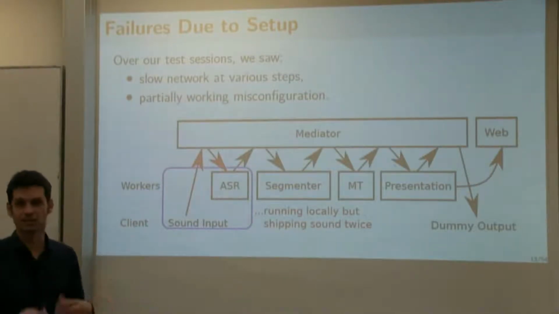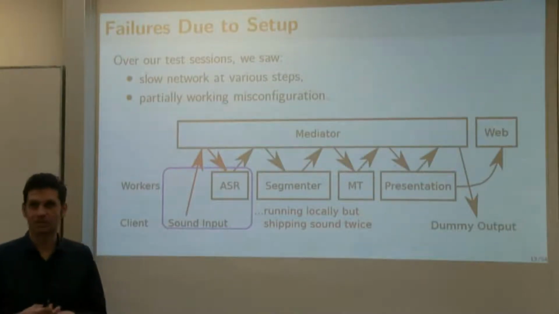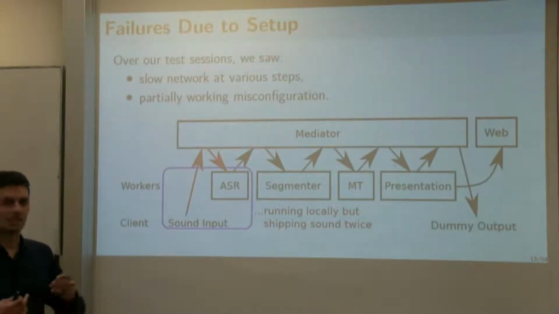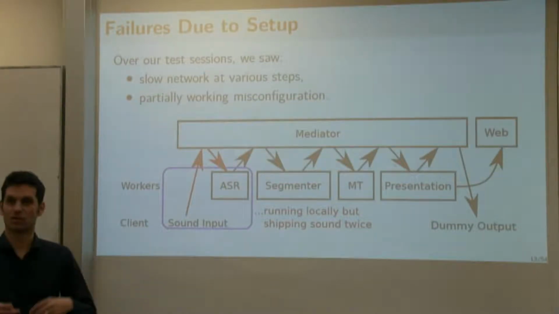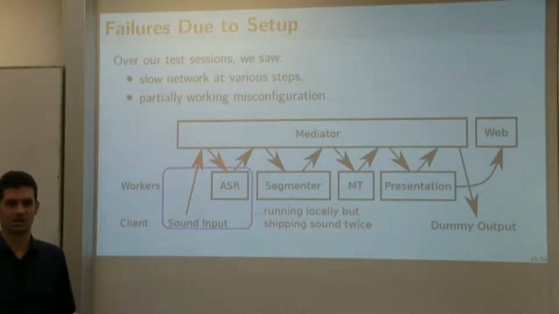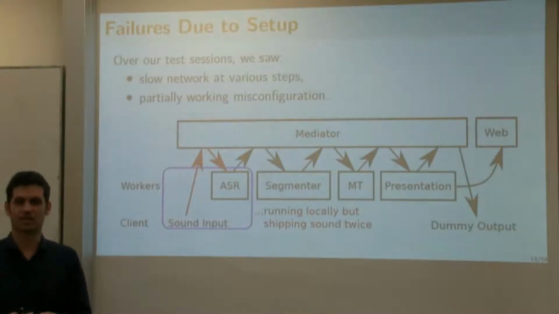We also had a strange misconfiguration issue, and it took us quite a while to diagnose it. This is a complex setup, and the error that we made was that we happened to start the ASR system locally. That was intentional because we had the models compiled only on the particular machine which was directly acquiring the sound. So that was on purpose.